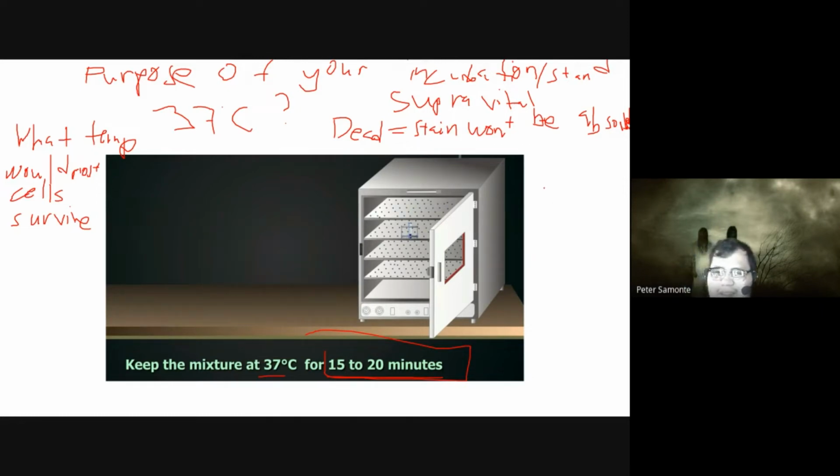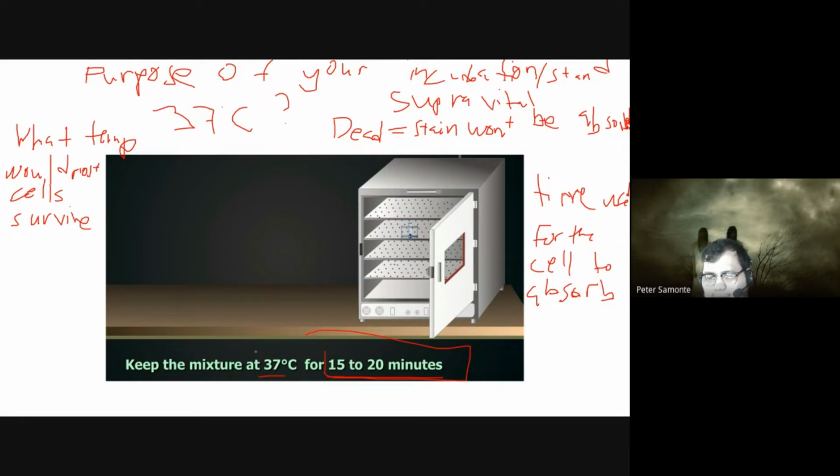Okay, pwede. So this is the time required, class. Yung mga standing time nyo, incubating time, that is the time used for the cell to absorb the dye. To absorb the dye. So in 15 to 20 minutes, class, kaya niyang i-absorb yung dye.